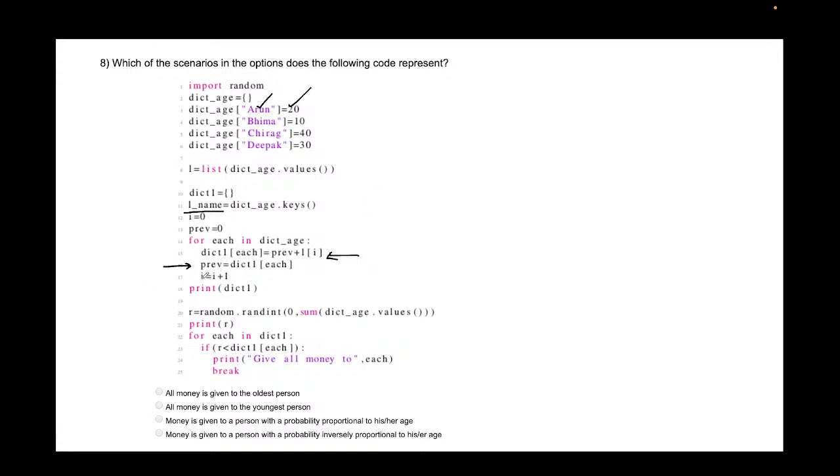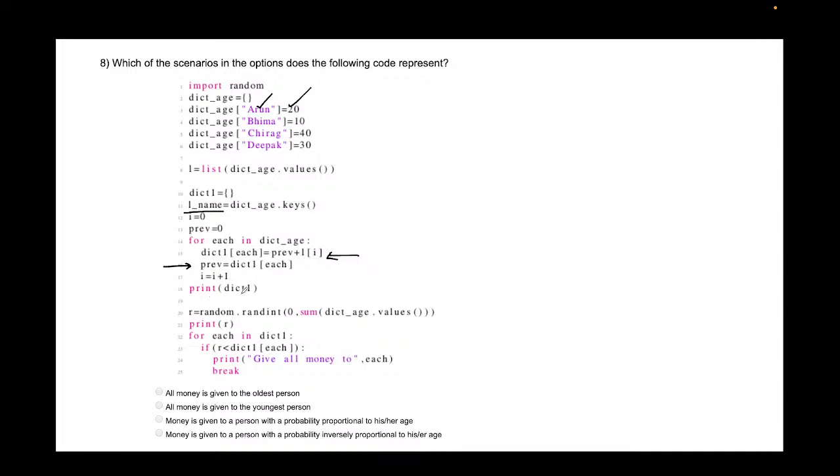Remember i is not the iterator for the for loop, but it is incremented to address and run through each person's age. So that will run through each element of the list L. It is incremented every time we go to each person.